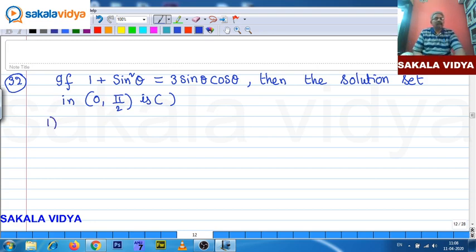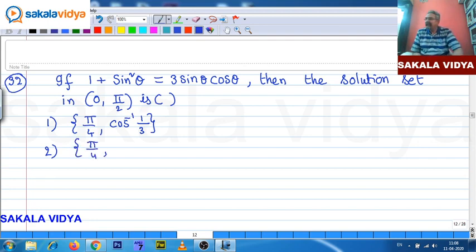First option, pi by 4 comma cos inverse 1 by 3. Second option, pi by 4 comma tan inverse 1 by 2.